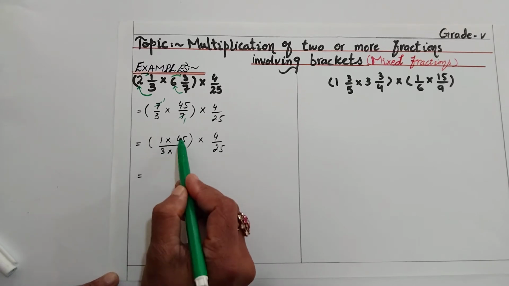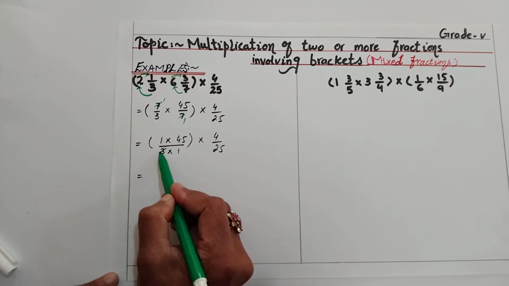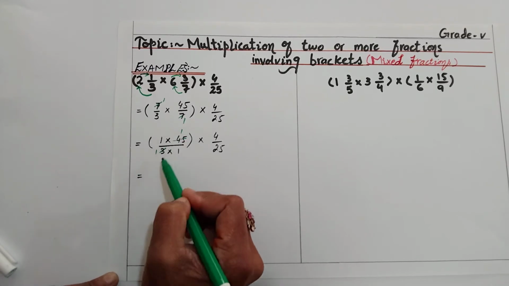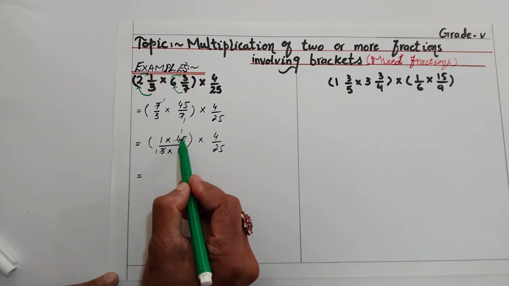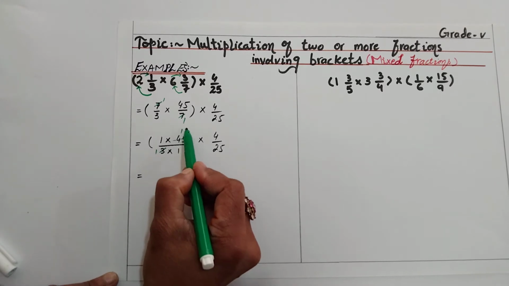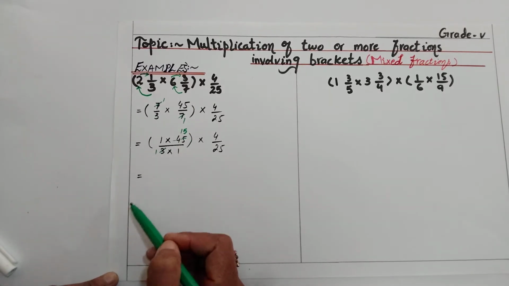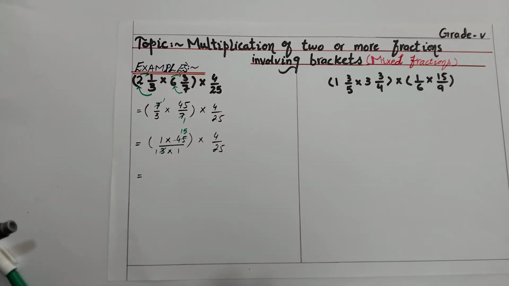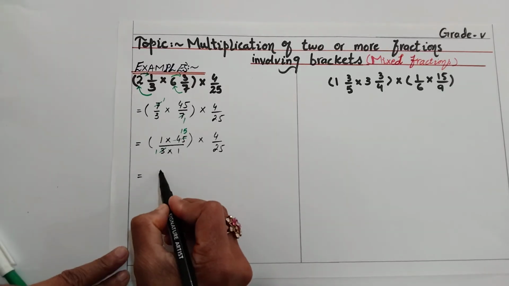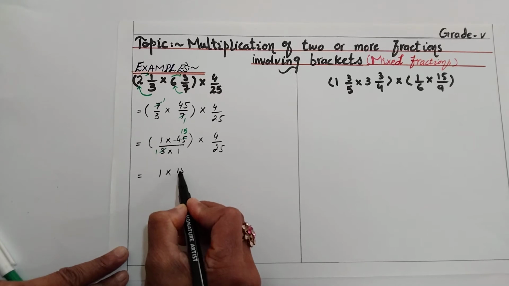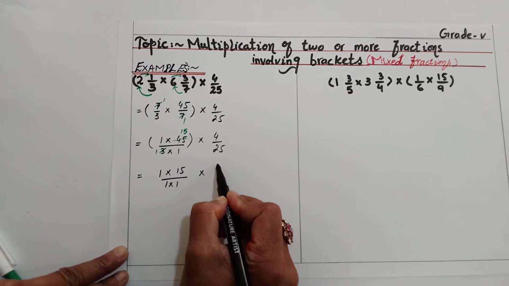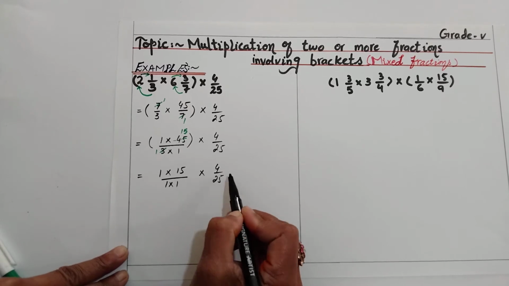Here I will cancel the 45 by 3, like 3 ones are 3, here 3 ones are 3, 1 left, it will become 15, 3 fives are 15, so 3 15s are 45. Now the left numerators are 1 multiplied by 15 and 1 ones are 1 and the left fraction will be as it is.